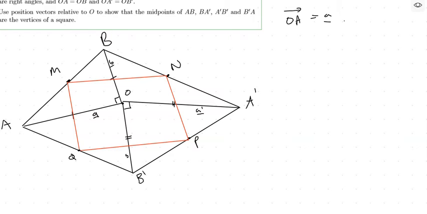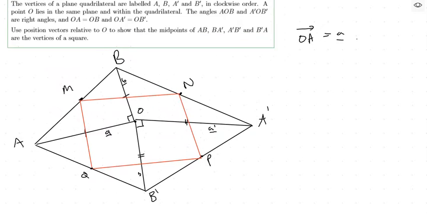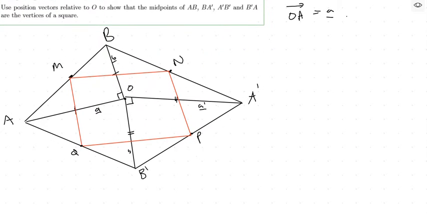Okay, so I think the first thing we want to know is the position vectors of the midpoints. So OM, for example. OM is equal to, let's do OB plus a half BA. Okay?